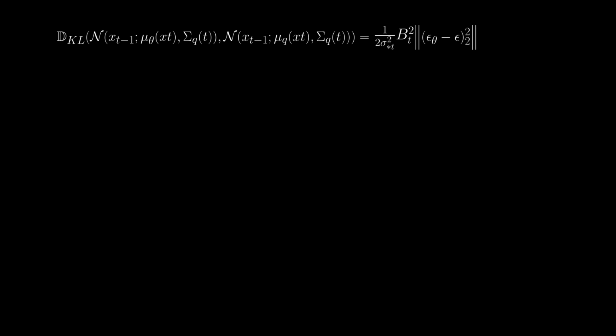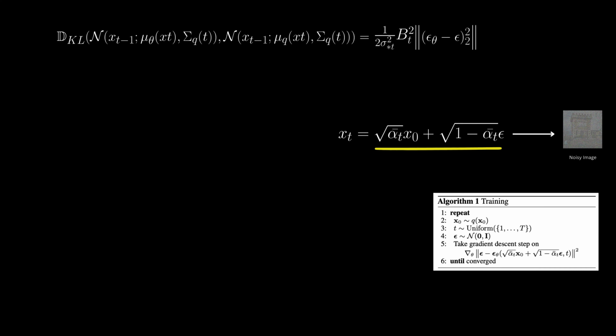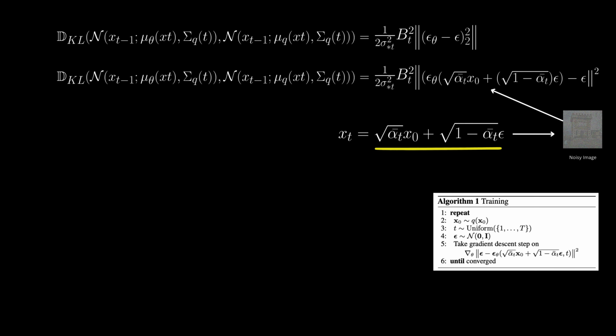During training, we'll again feed our model xt, which given x0 will have the same distribution as before, since we ensured q of xt given x0 is same as DDPM. The model will predict the noise with this as input and is trained using MSE between noise predicted and original noise.